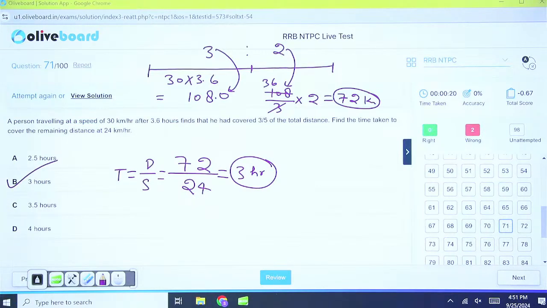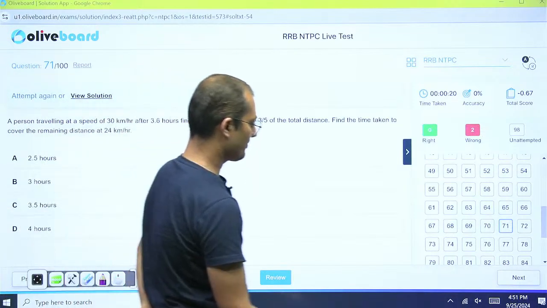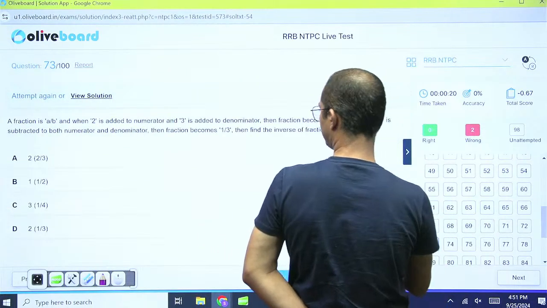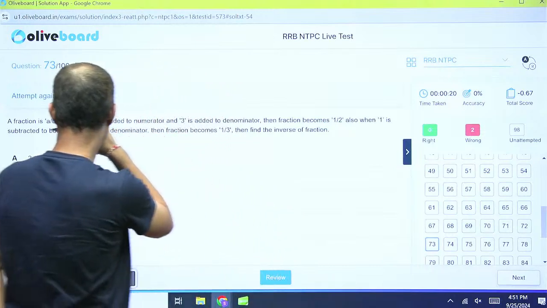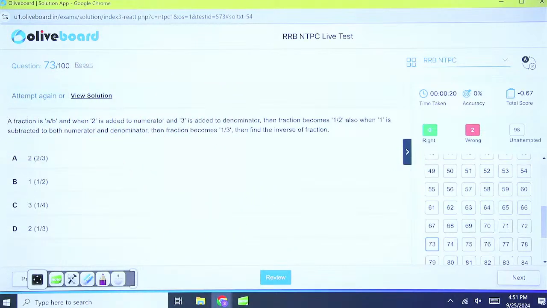So moving to the next question. If a fraction is a by b, and when 2 is added to the numerator and 3 is added to the denominator, then the fraction becomes 1 by 2.